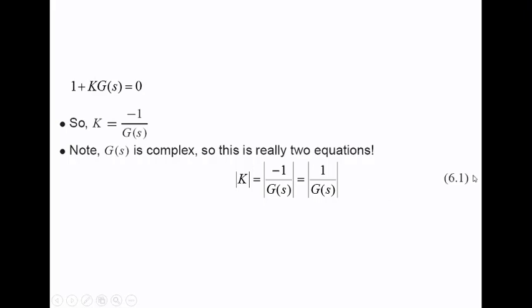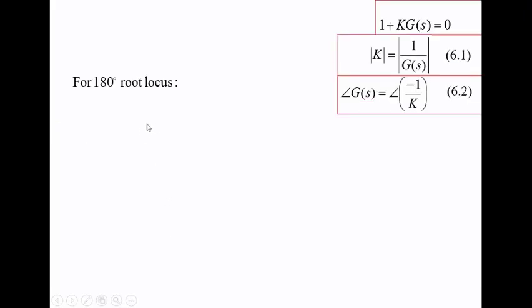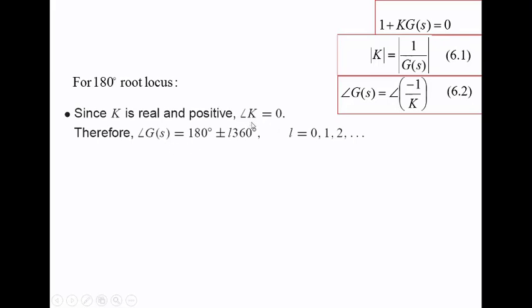This is 1 over g of s, this is one equation, and the angle of g of s is equal to the angle of minus 1 over k, and I know that k is a real positive number. Since k is a real positive number, the angle of k is equal to 0. So the angle of g of s is equal to 180 degrees plus or minus L times 360 degrees. L is a factor that will determine the rotation of this angle.